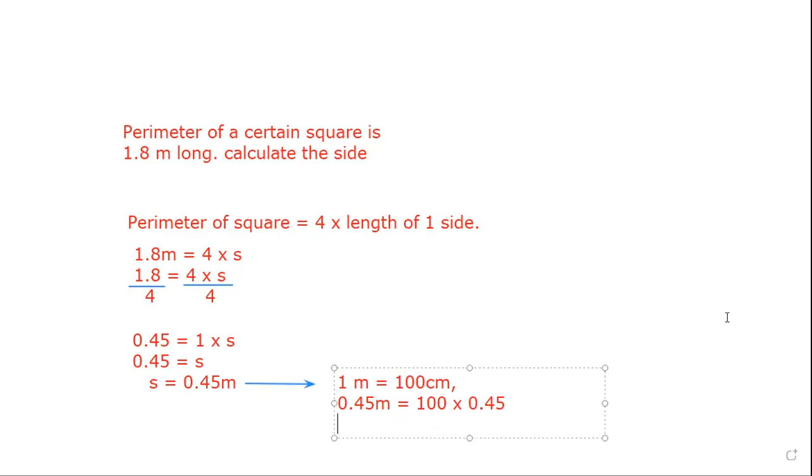And that will give us 45 centimeters. So 0.45 meters is equal to 45 centimeters. And that is how we get the answer that we have here on the board.